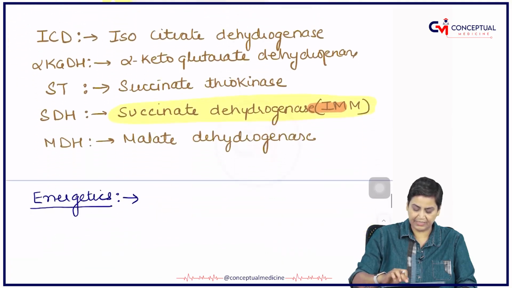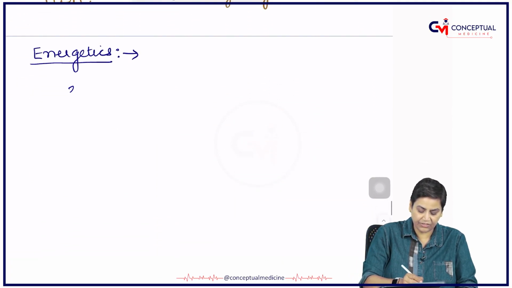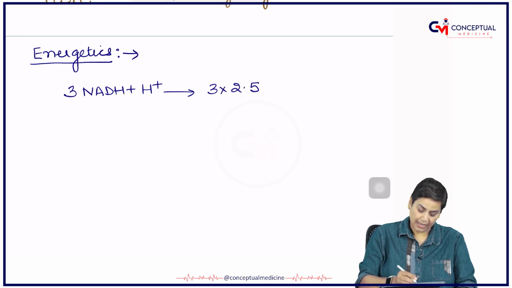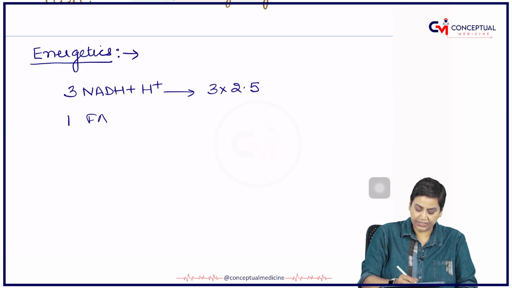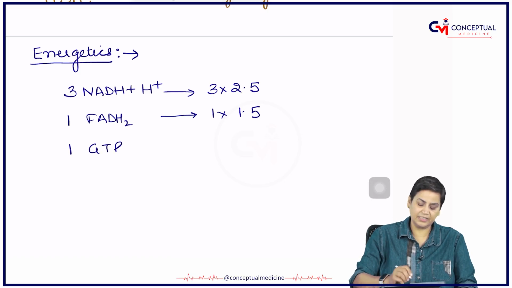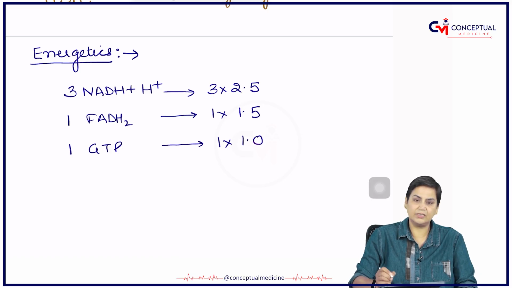If I write it directly, 3 NADH plus H positive will be equivalent to 3 into 2.5. 1 molecule of FADH₂ will be 1 into 1.5. And 1 GTP, which in terms of energy equivalence is related to ATP, so 1 into 1.0.